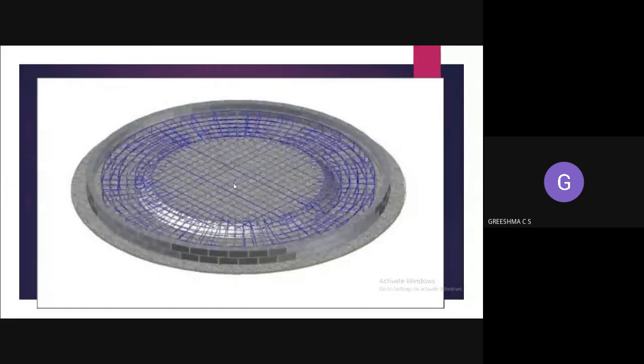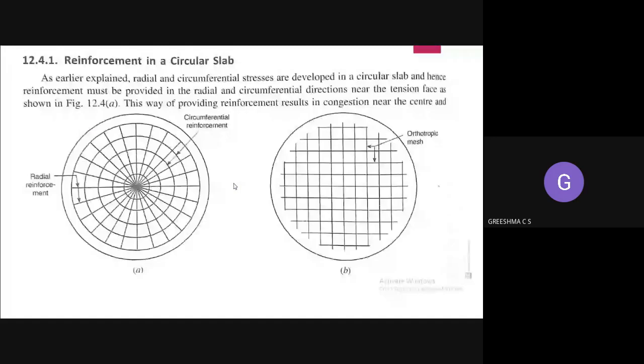So this is the correct picture, a detailed picture. In a circular slab, you provide two types of reinforcement: radial and circumferential reinforcement, and mesh reinforcement. Mesh simply means, you can see, this is a mesh.